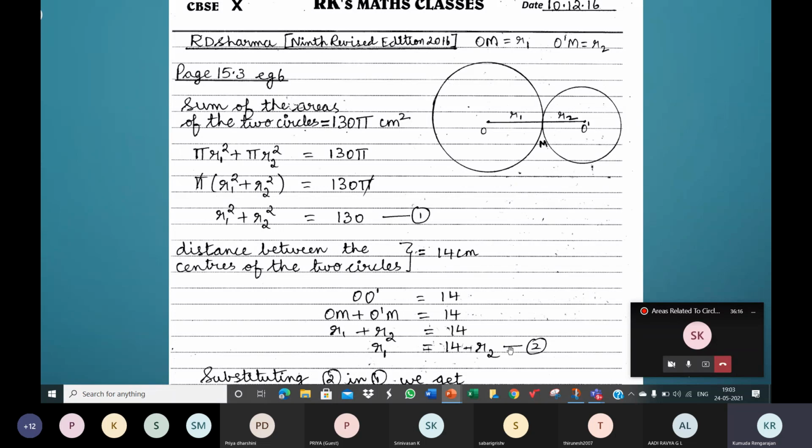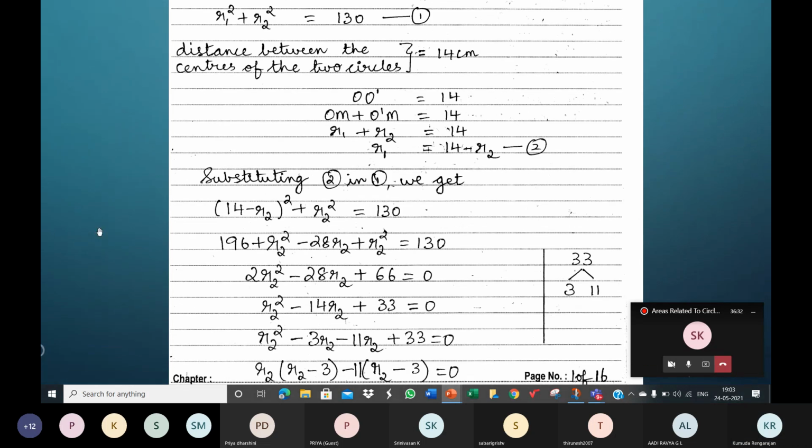Substitute the second result in the first one. In place of R1, we say 14 minus R2. R1 square it is, so 14 minus R2 the whole square, plus R2 square is equal to 130.